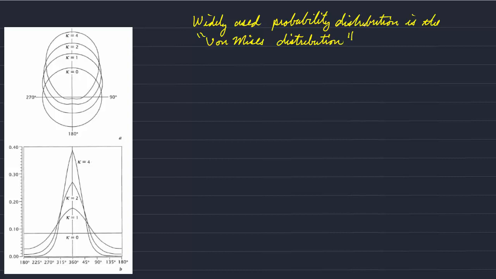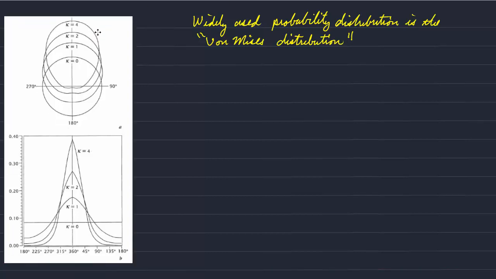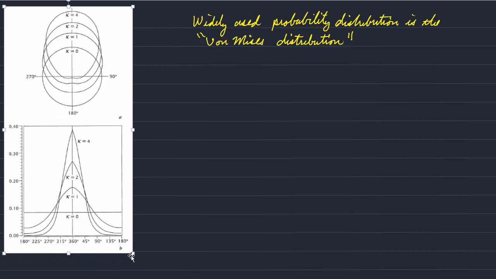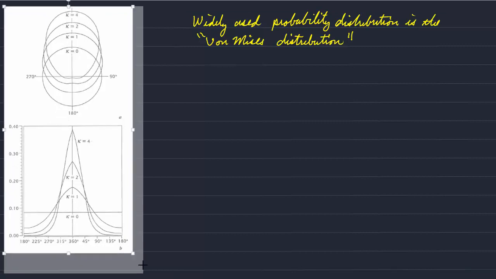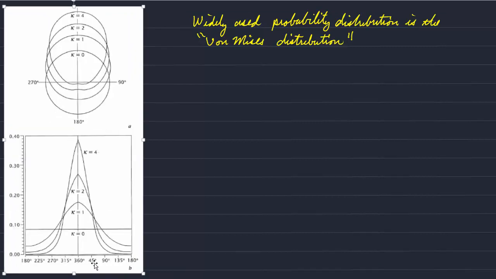So what makes directional data require a different distribution than, for example, the Gaussian distribution is, of course, that the values range between 0 and 360 or minus 180 to 180. They have a finite range.